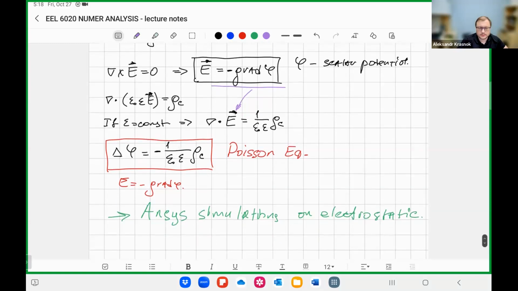And in this static regime, one can derive this Poisson equation, which is usually solved in the numerical simulations of static fields, because this is a scalar differential equation for just one component, just phi, the scalar field. Then you can solve this equation in the entire space, and if you need the electric field, you just take the gradient of this solution.